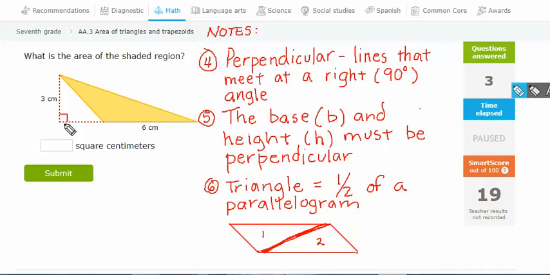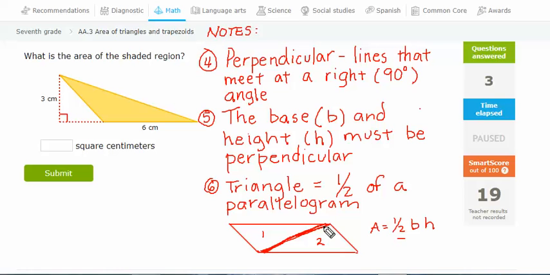Alright, and the reason for the formula, remember the formula for area equals half base times height, is because if you take a parallelogram and cut it in half, you get 2 triangles. That is where the half comes from, because we've cut a parallelogram in half.